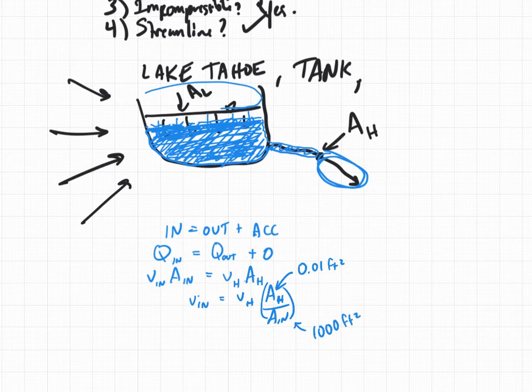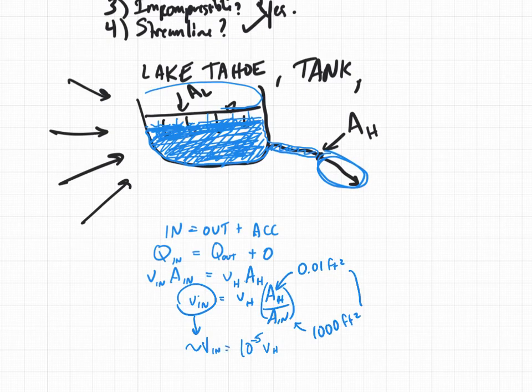Is that 60 by 60? So it's really just a pond. But look at this ratio: 0.01 divided by 1,000 is 10 to the minus 5. So V in is approximately 10 to the minus 5 times the velocity coming out of the hose.